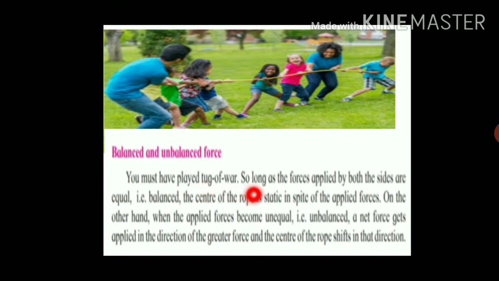The center of the rope is static in spite of the applied force. On the other hand, when the applied force becomes unequal, if one end applies more force, that is unbalanced force, a net force gets applied in the direction of the greater force, and the center of the rope shifts in that direction.